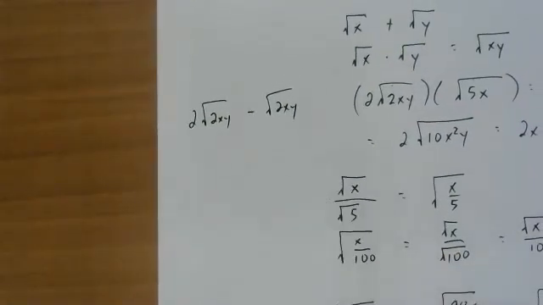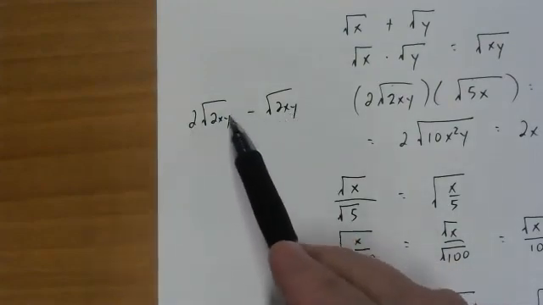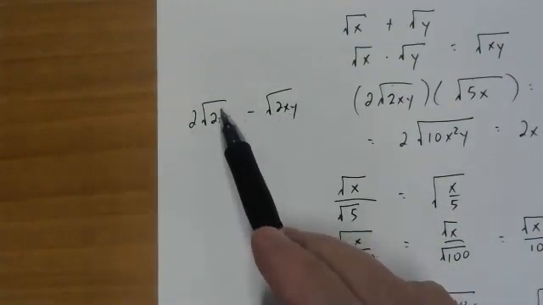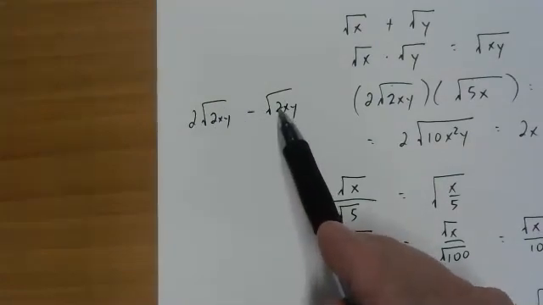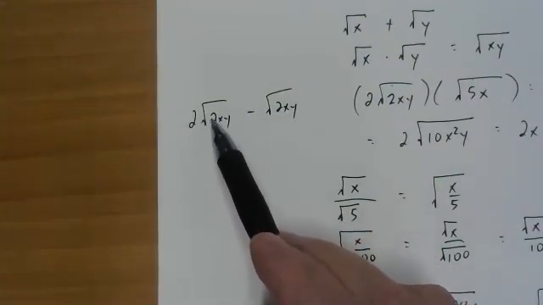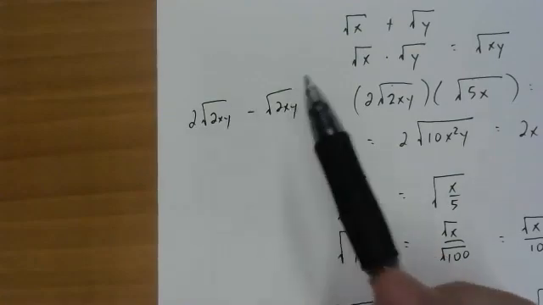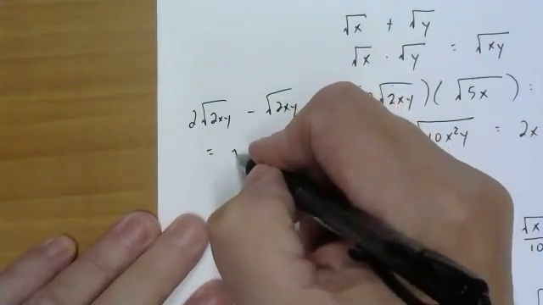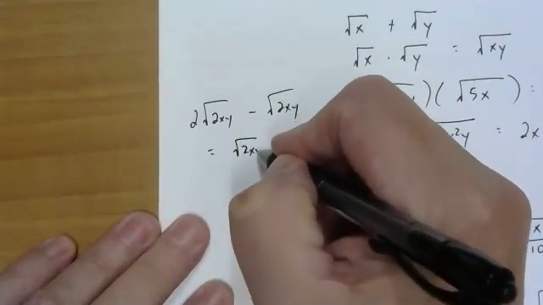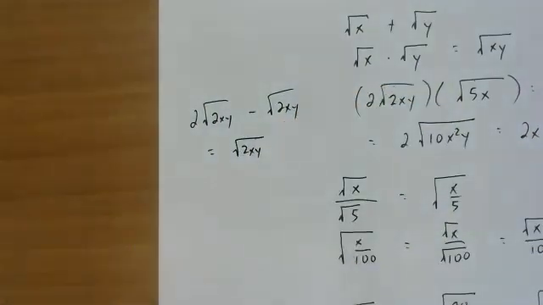What if you're trying to simplify this? Two different terms. I have square roots. I can only subtract these if the radicals are identical. Square root of 2xy, square root of 2xy. This is like 2 minus 1. I can actually combine these into square root of 2xy.